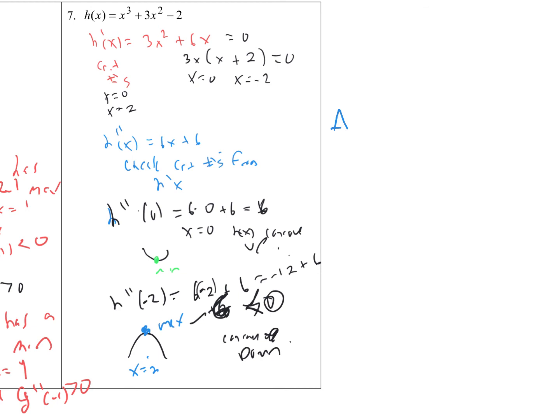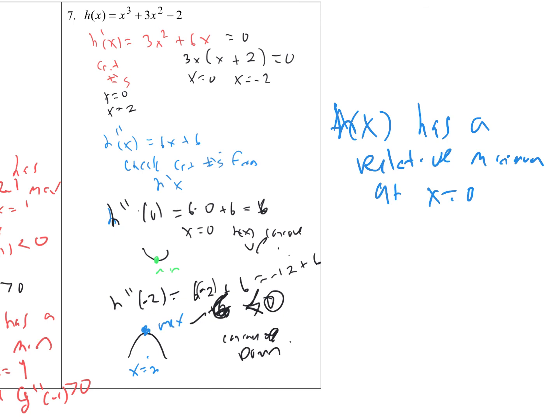Let's start with the function. H of x has a relative minimum at x equals 0 since h double prime of 0 was greater than 0.